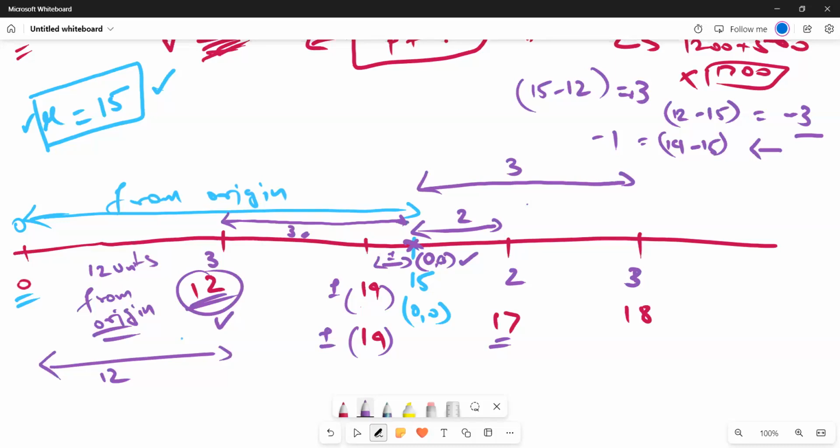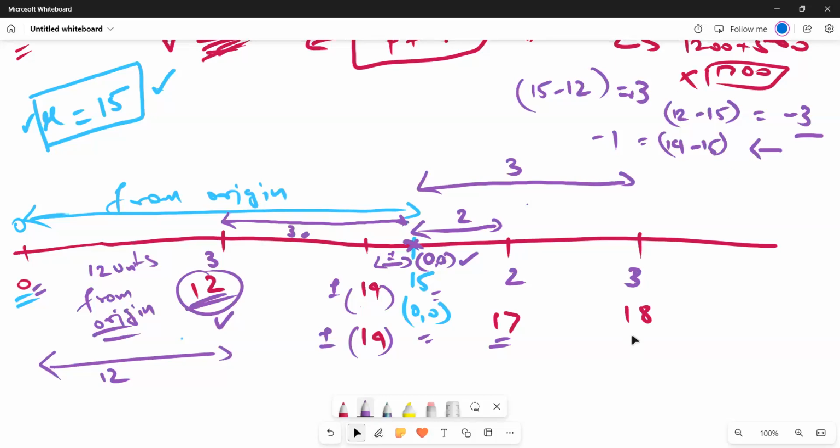Just need to understand that if I shift this 0, 0 to 15, so this becomes my 0, 0. And now from here, every other data point will be calculated, right?